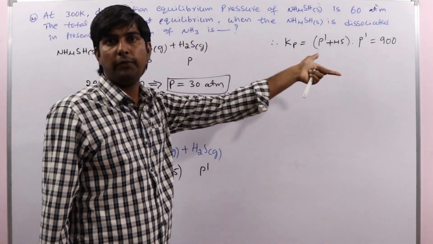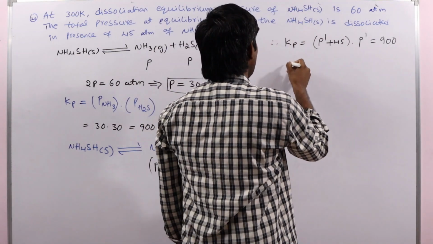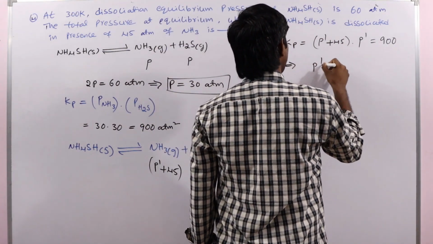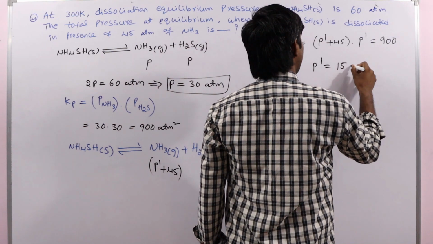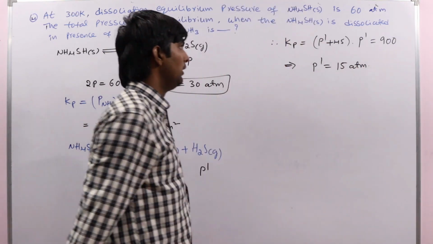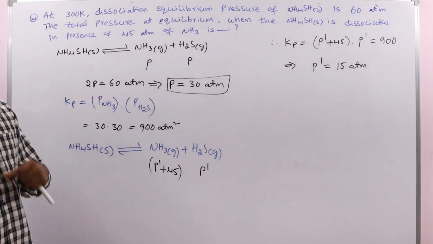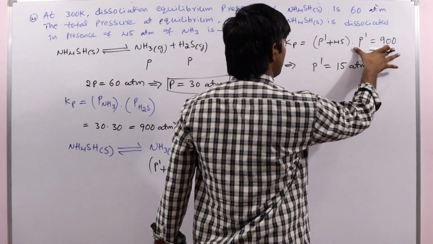If you solve this, we get P dash equal to 15 atmosphere.